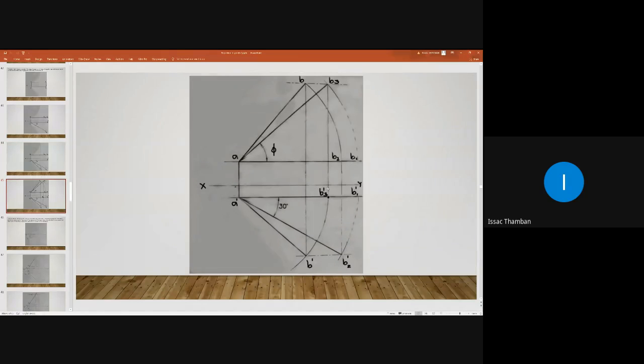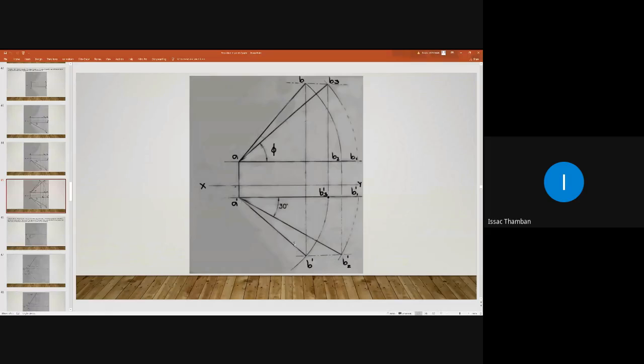Then what next? Consider the solution of the previous example. Here we have the vertical projector and here we have A dash, B dash. This is the condition where the line is inclined to HP and VP. Take this radius and draw an arc and intersect this horizontal line. We are making it parallel to HP.